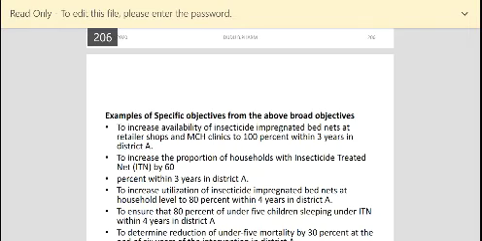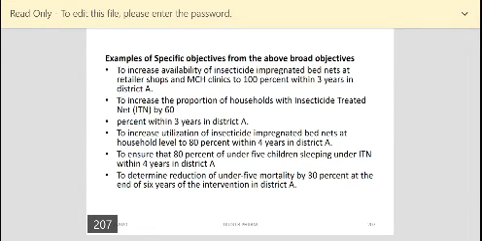So your specific objectives might be to increase availability of insecticide impregnated bed nets at retailer shops and mother and child health clinics to 100% within 3 years in District A. But it can also be to increase the proportion of households with the insecticide treated net by 60% within 3 years in District A. Do you see?